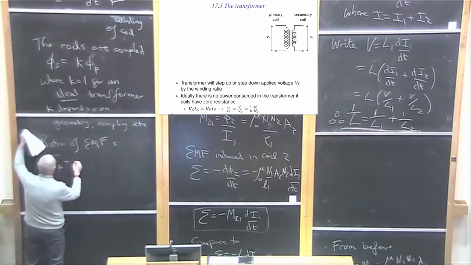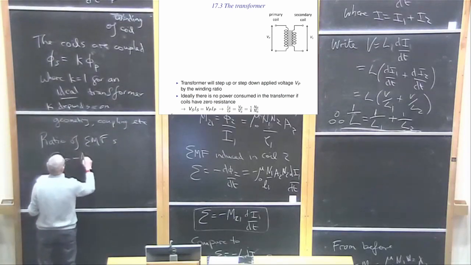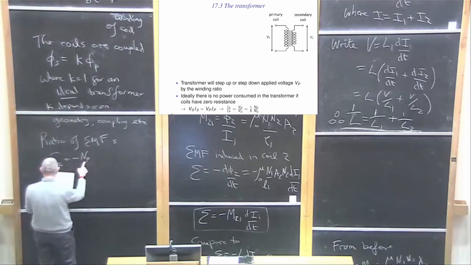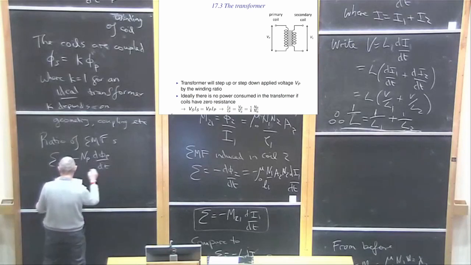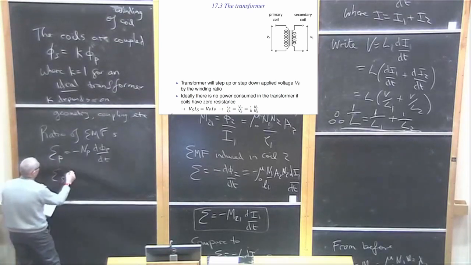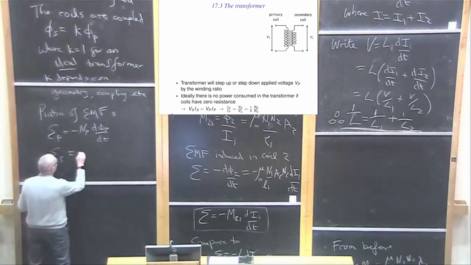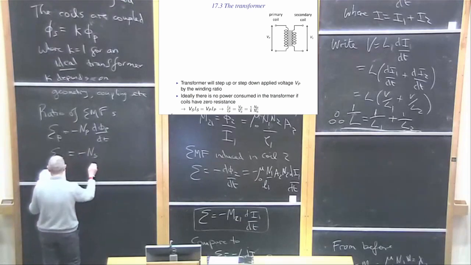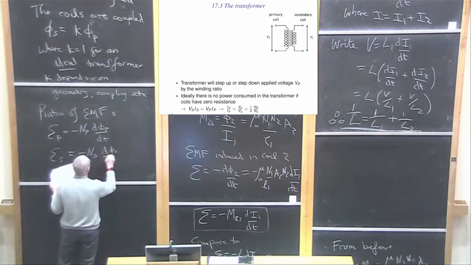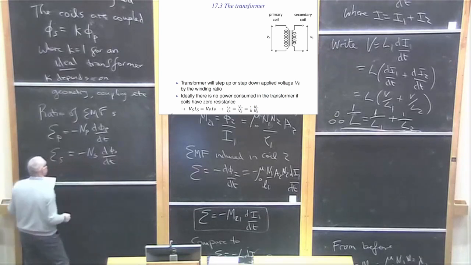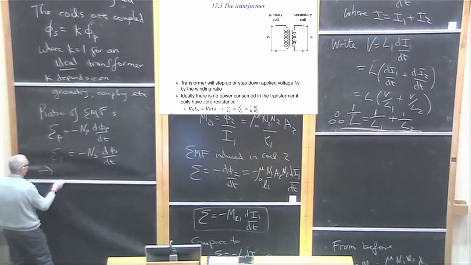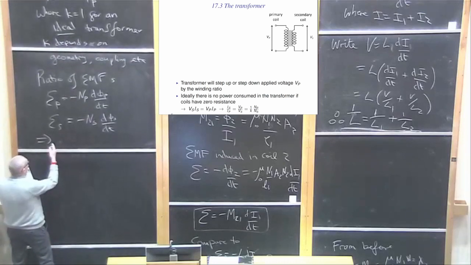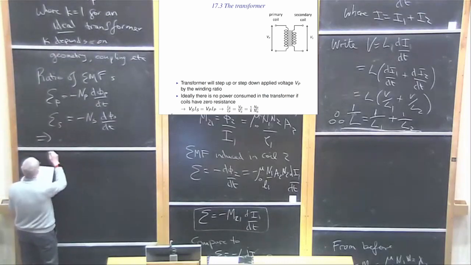So the ratio of EMFs. EP is equal to minus NP, the number of turns, d phi p by dt. And the EMF in the secondary is minus NS, d phi s by dt. I'm going from EMFs to voltage now.